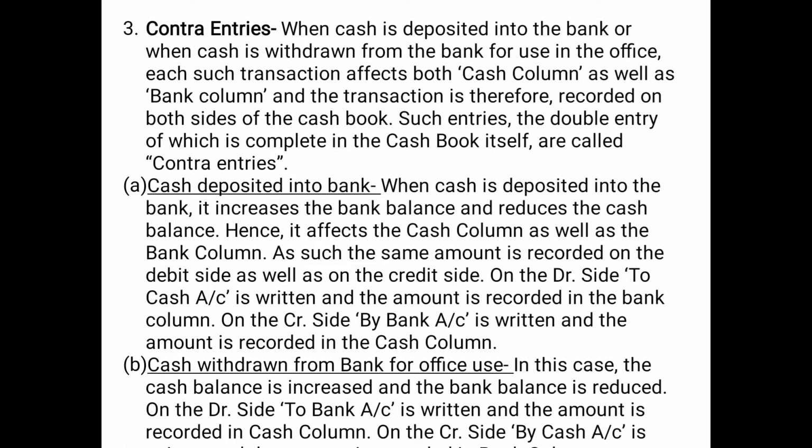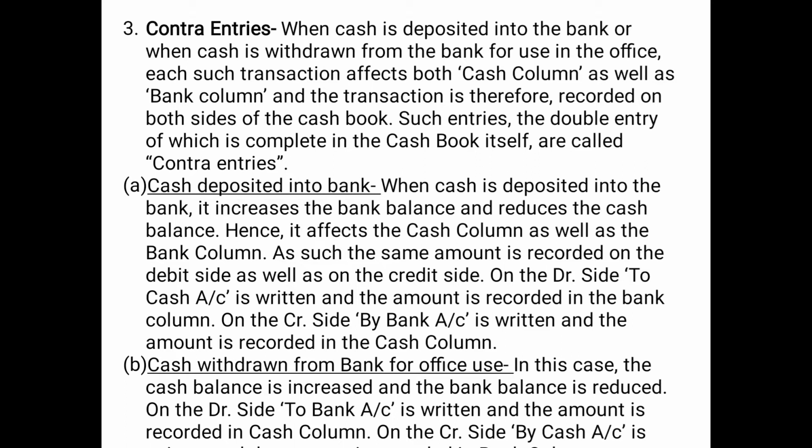So the contra entries are the exceptional case, when and only when the cash word or bank word are used in the cash book and both the aspects are recorded. Basically, contra entry is an entry where both the aspects of cash and bank are recorded in the cash book.